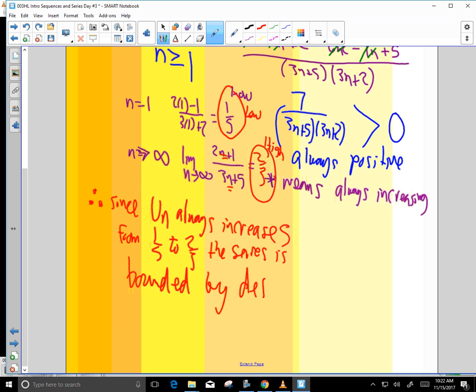Again, I stated what I knew. I knew it always increased. I went from 1/5 to 2/3. That increases. The series is therefore bounded by definition. And that's it. That's how you do it. That's how you prove bounded.